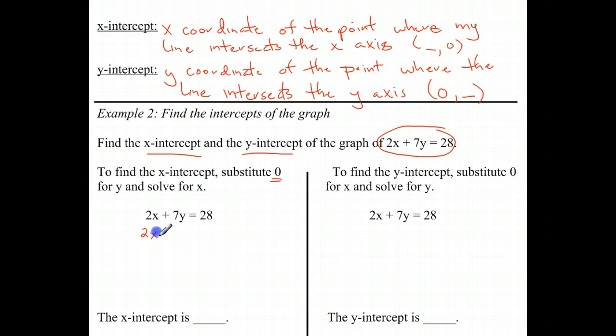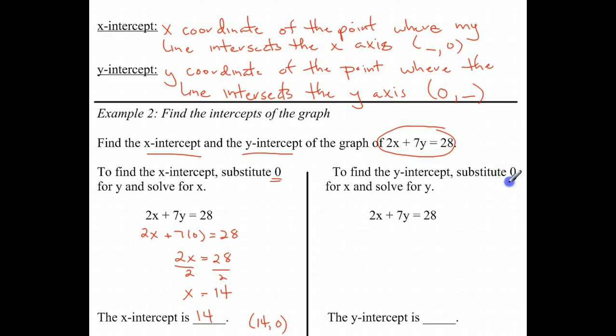So I'm going to say 2x plus 7 times 0 equals 28. We know this term will just cancel out because it's equal to 0. I'm going to get 2x equals 28, and we should be fine at this point to get that our x-intercept is going to be 14. That means if I were going to graph this, I would be plotting the point (14, 0).